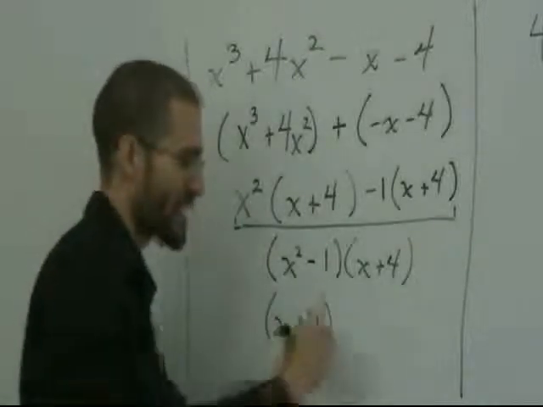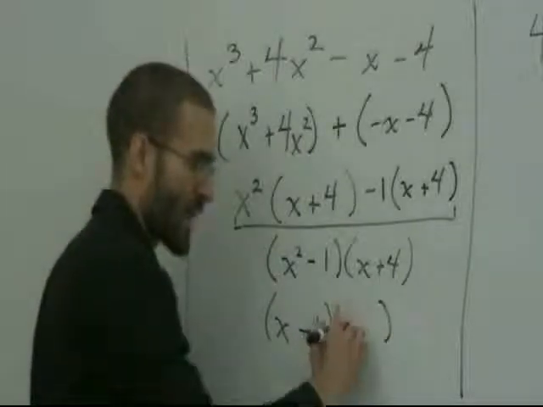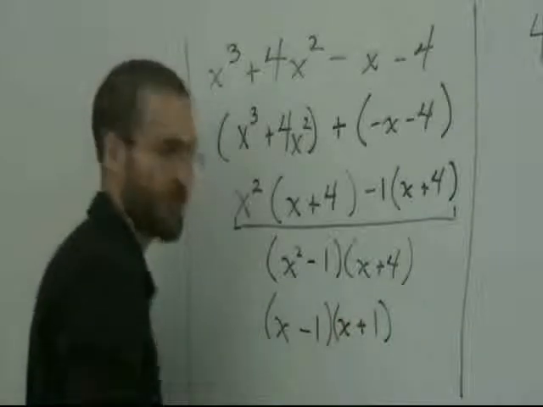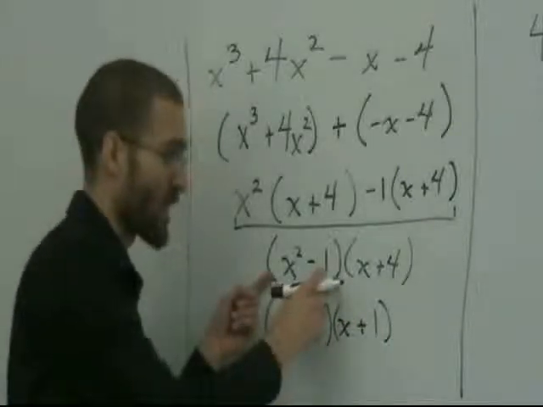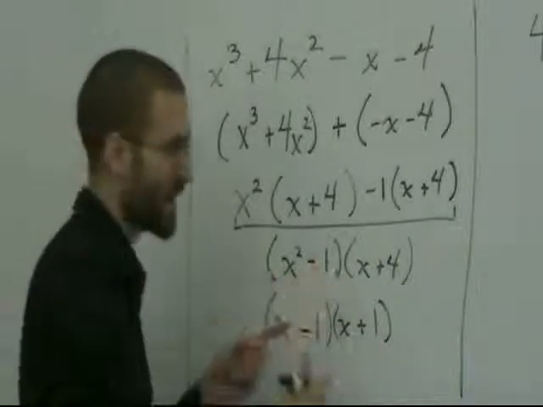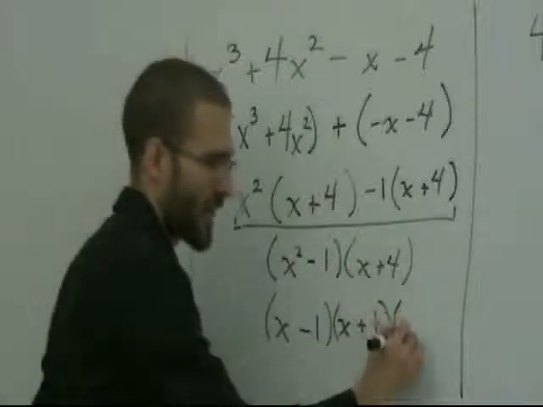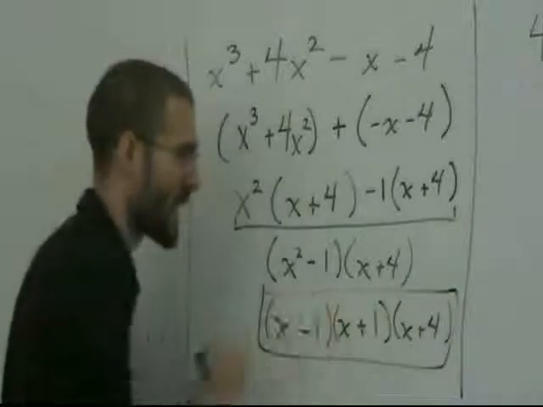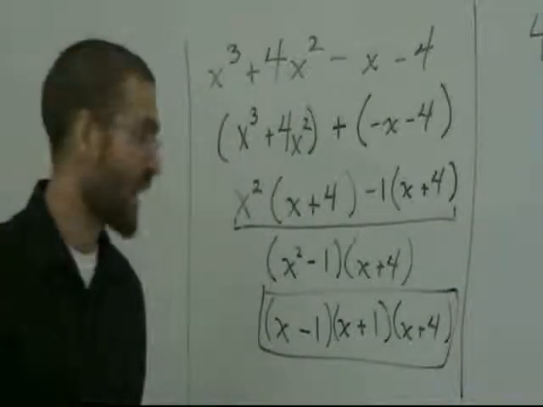And you use a minus sign, and also x and 1 show up again, but now use a plus sign in between. Okay? So that's how the x squared minus 1 factors, and to complete this, don't forget the x plus 4 that trails at the end. And so there is our final factorization. X minus 1, x plus 1, and x plus 4.